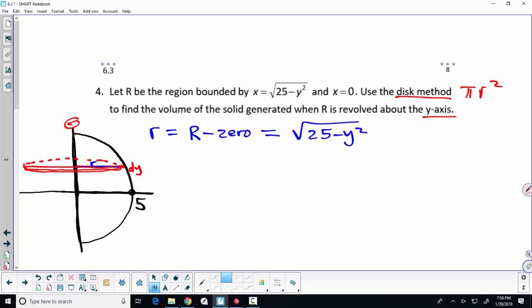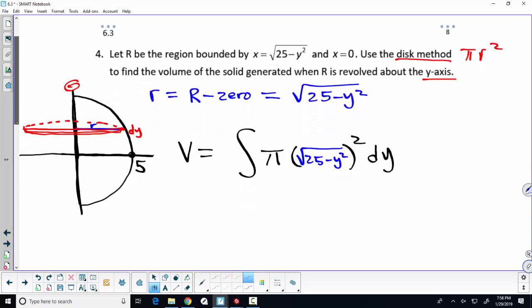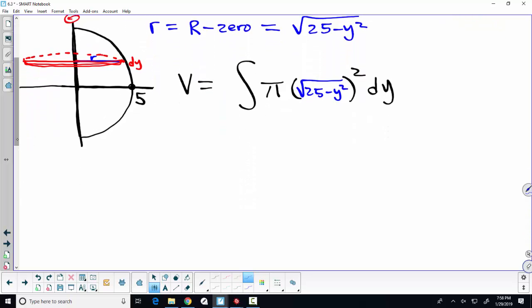So that's good as it is. We don't need to resolve that for y. So our volume is pi r squared dy. Like we said, our bounds on y originally, if we set it up, go from -5 to +5.